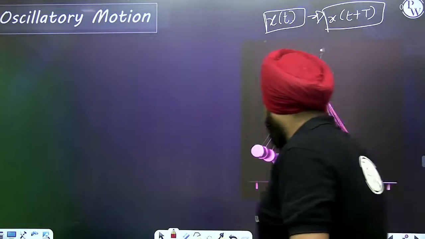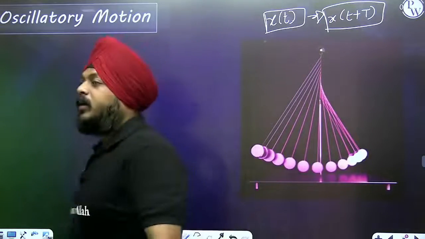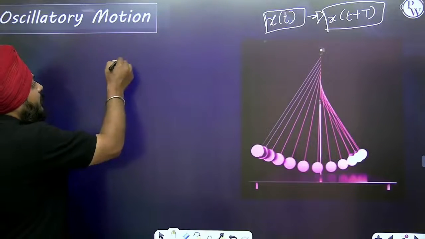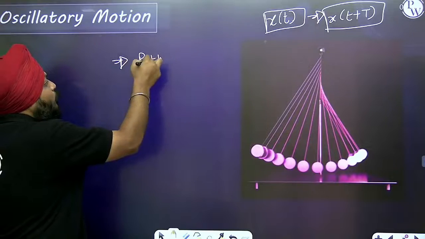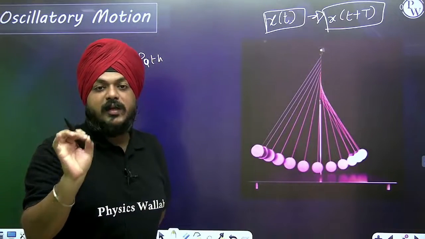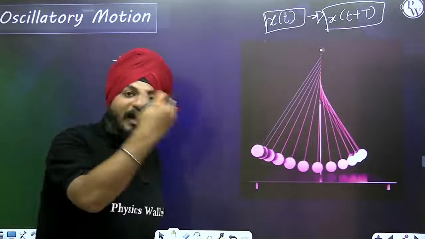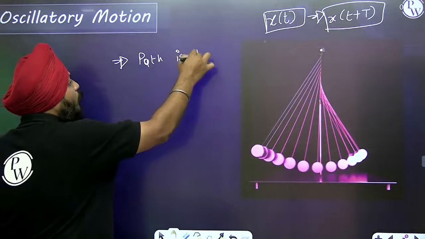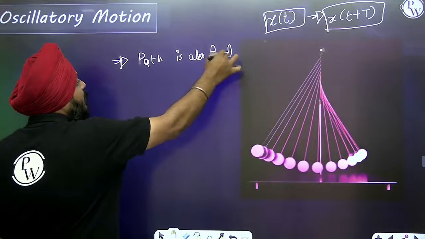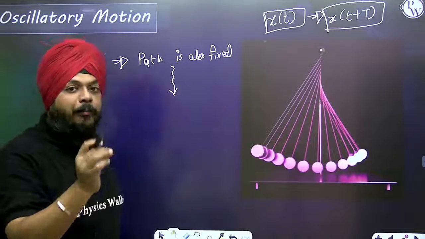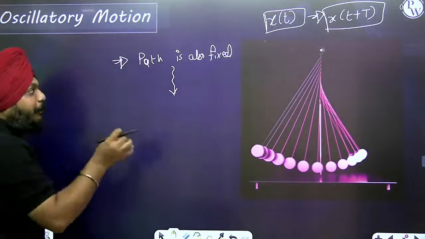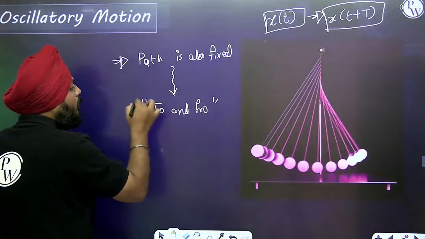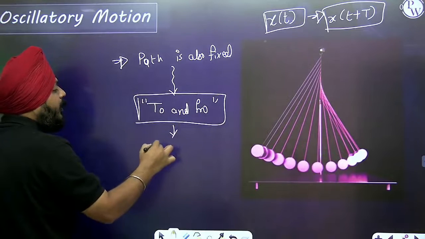So if we want to define oscillatory motion, it is more rigid: the path is also fixed. In periodic motion, the path is not fixed; there is only a single compulsion, that the path should be repeated at regular time intervals. In oscillatory motion, the path is also fixed: compulsory to and fro at regular time intervals.